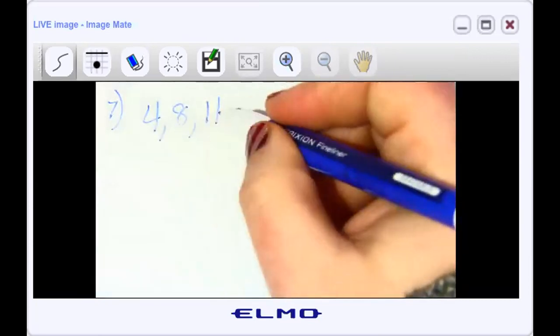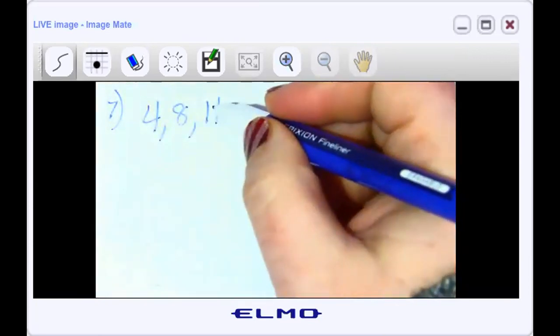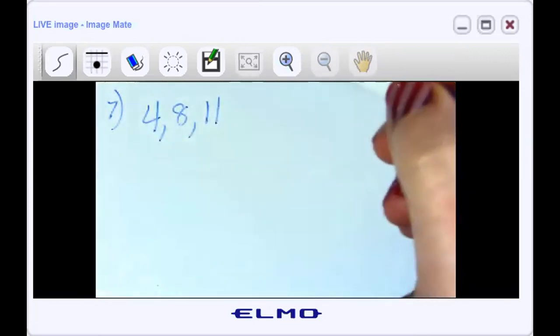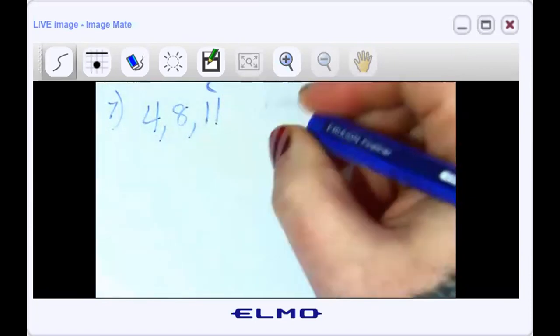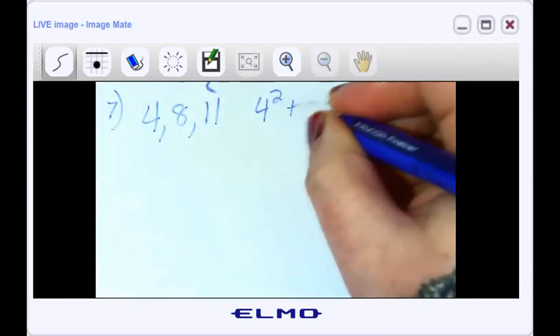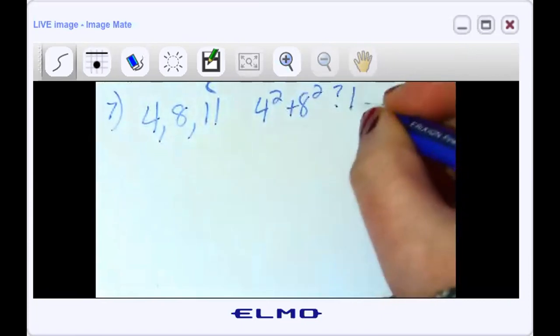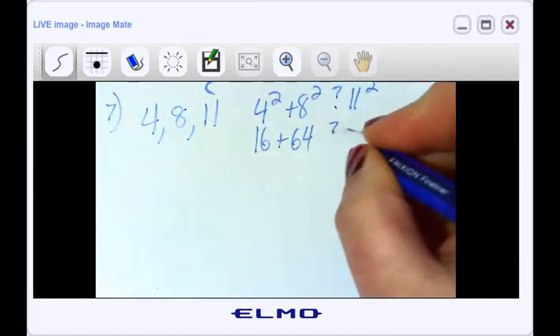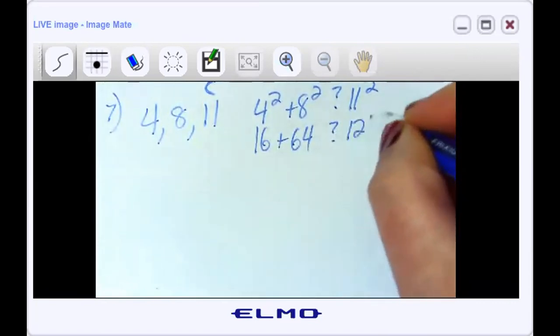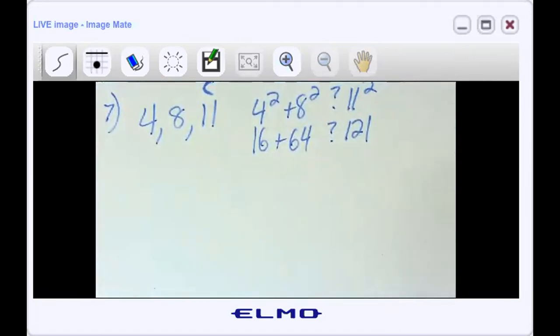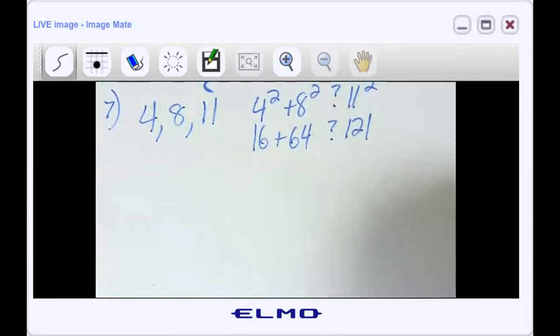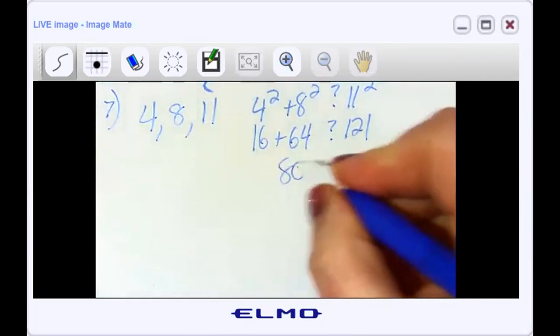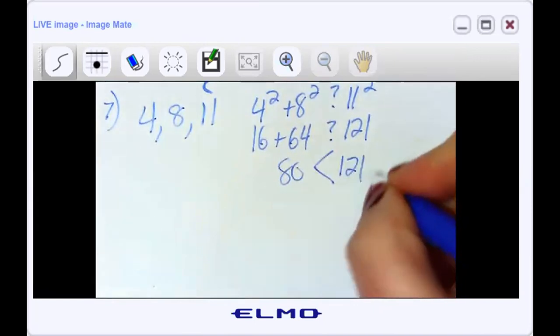So again, figure out who C is. This time I left them in order. So now we know 11's going to go in for C. So I'll just check 4 squared plus 8 squared, and how does that compare to 11 squared? I've got 16. I've got 64. And 11 squared is 121. So if I add 16 and 64, that's 80. 80 is less than 121.